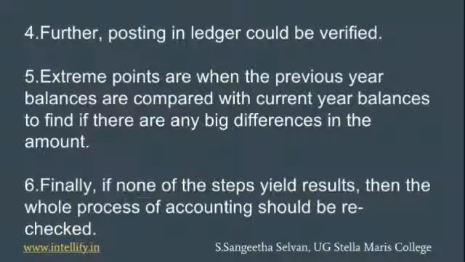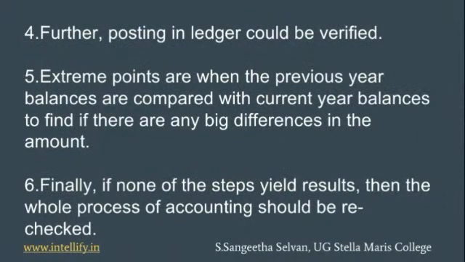Also, the previous year balances can be compared with the current year balances of all the accounts. This is done to find out if there is any huge difference so that the error could be identified. For example, the furniture account might have had a balance of 10,000 the previous year, and this year if it has 10 lakhs, then obviously there is some error in that particular account.